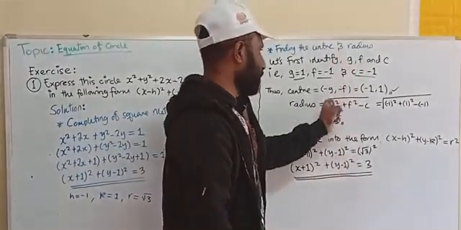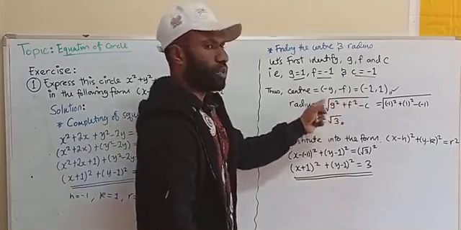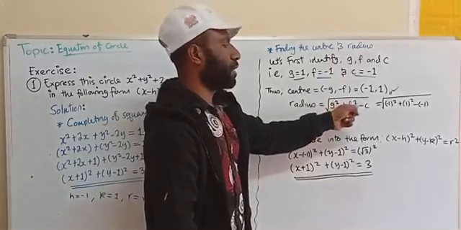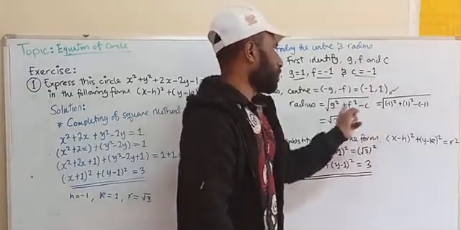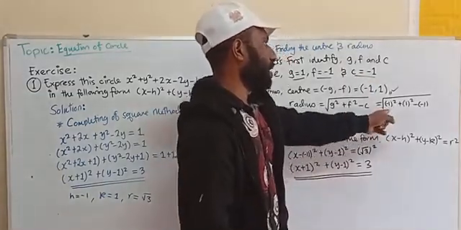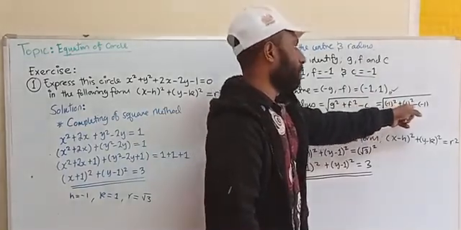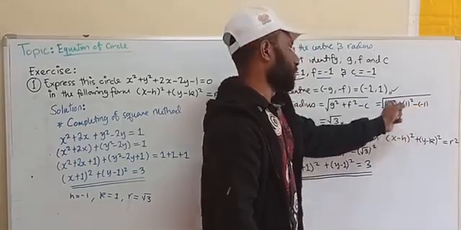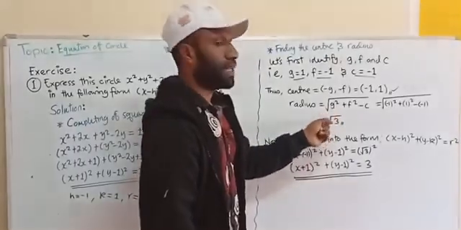To get the radius, we know that the radius is equal to the square root of g squared plus f squared minus c. Since we know g, f, and c, we just substitute. Negative 1 squared, plus 1 squared, minus negative 1. When we do that, our radius is equal to root 3.